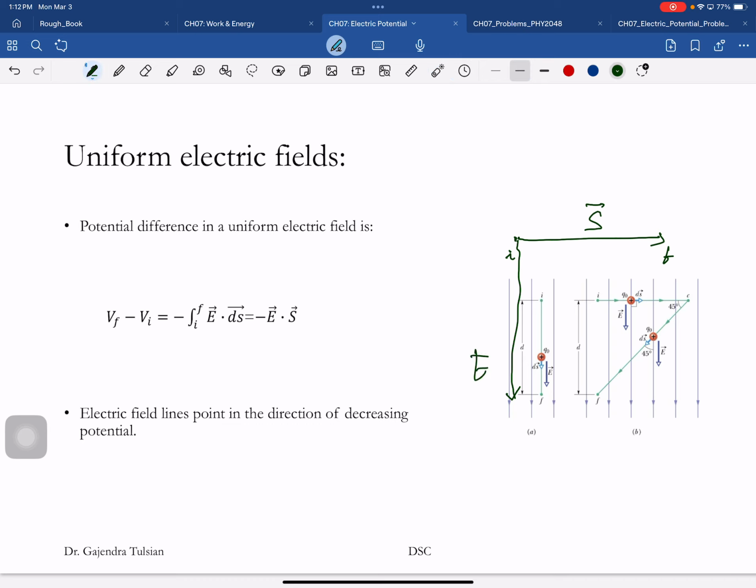It's uniform, and a charge moved in this direction. What is the change in electric potential? 0. Very good. So you've learned a very important fact: the potential all along these points is the same, the change is 0, so they're equal.